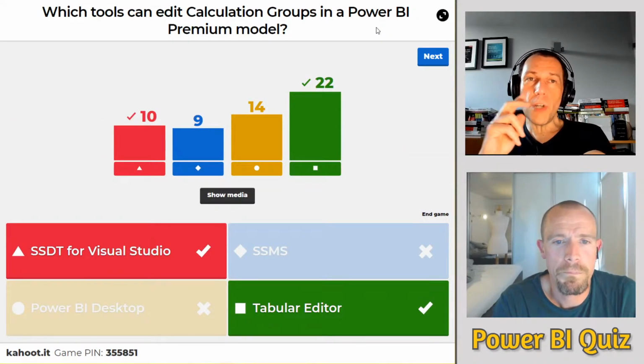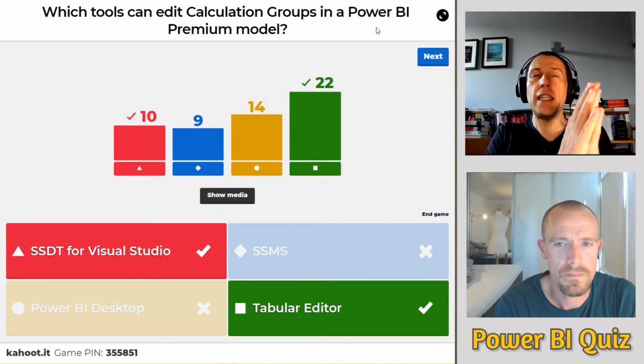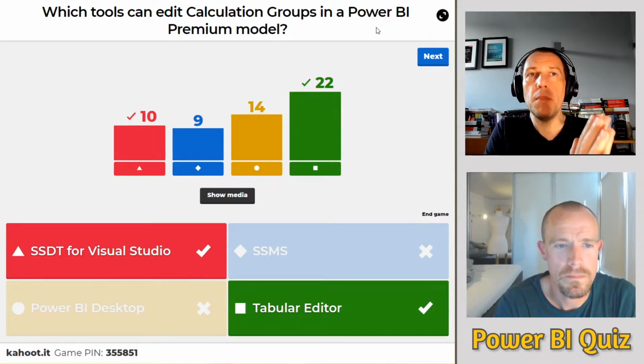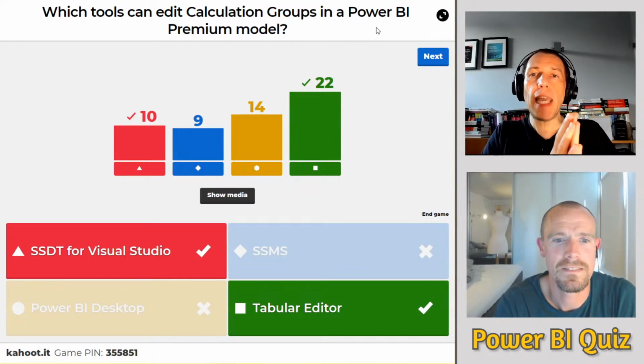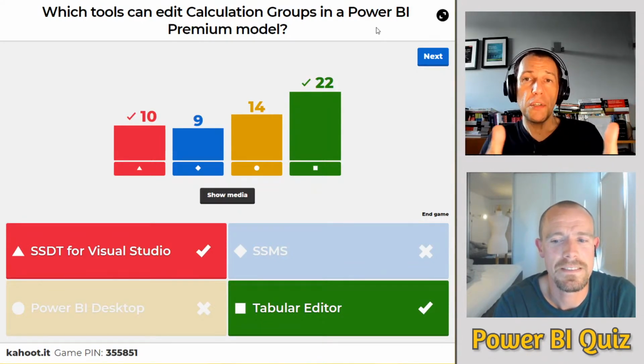Okay, so there are 2 right answers here. We said in the question, in a Power BI Premium model, and Power BI Premium has calculation groups already, but you need to use the XMLA endpoint to write a tabular model with the calculation groups.